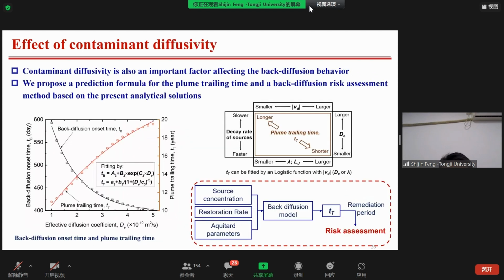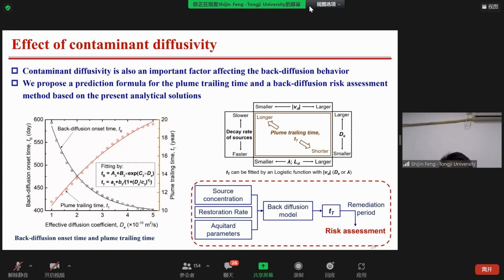In addition, the results in the left figure show that contaminant diffusivity is also an important factor affecting the back diffusion behavior. Based on extensive simulations, we can give a quantitative prediction formula for the plume trailing time.